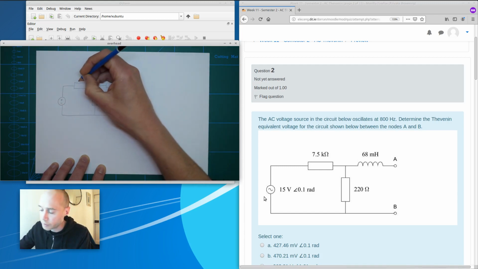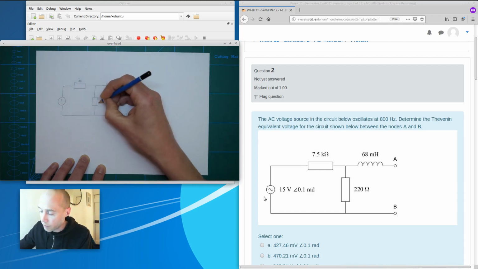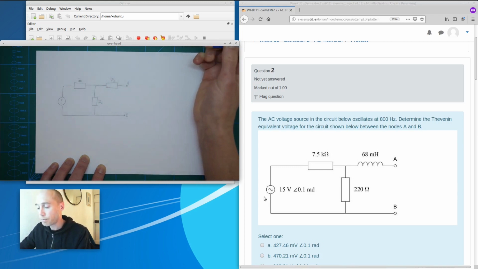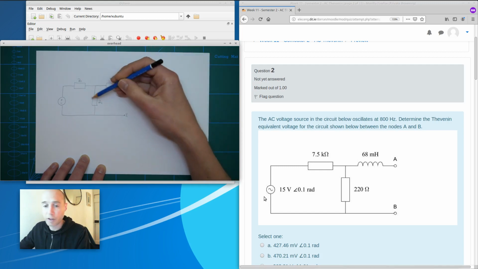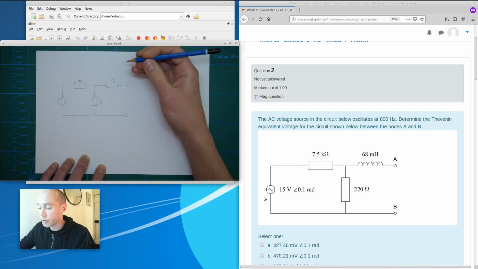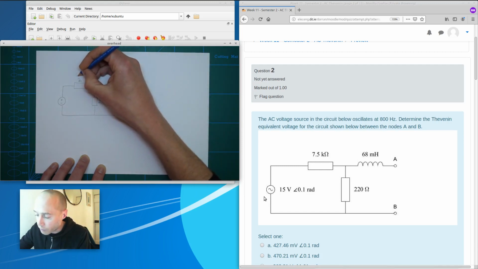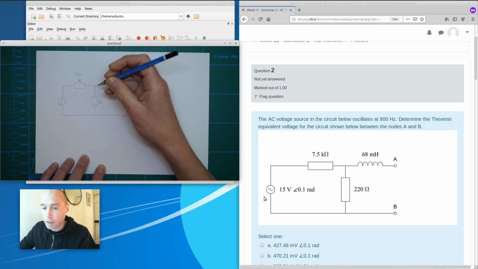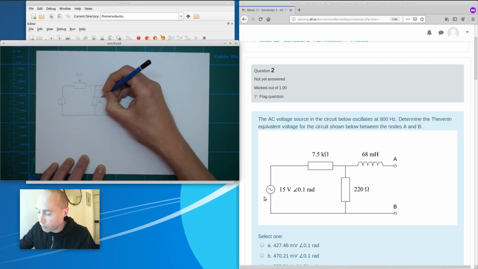So I'm going to call these Z1, Z2, Z3. So Z1 and Z2 are going to represent those two resistors. So maybe I'll just write in brackets here what these actually represent. Let's call this one R2.